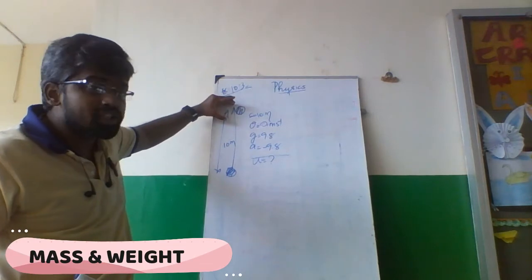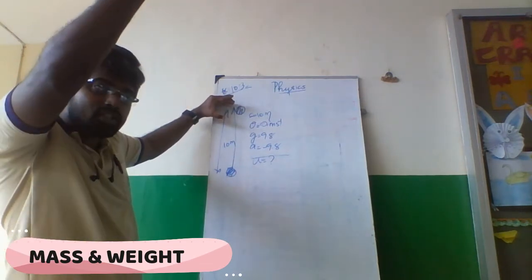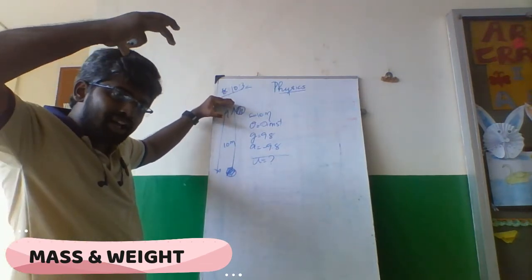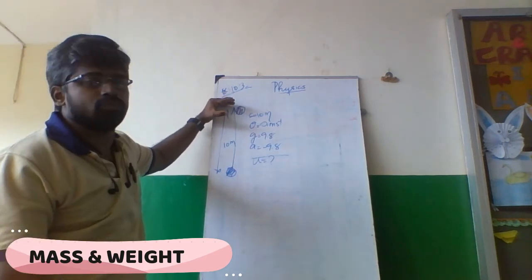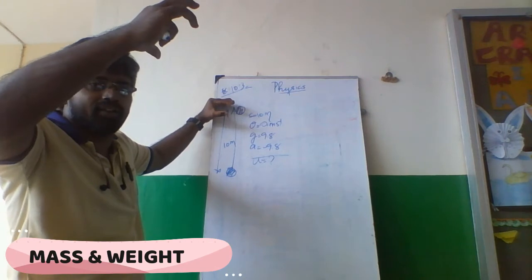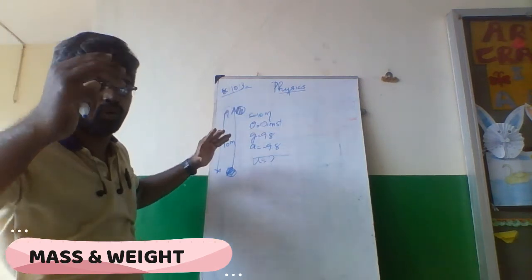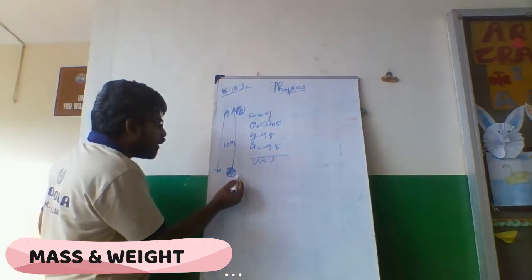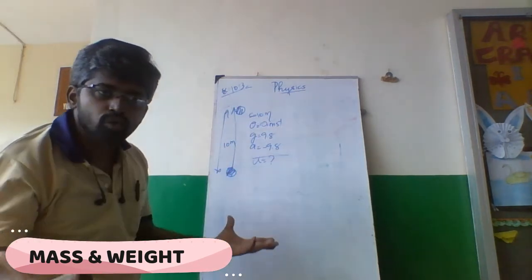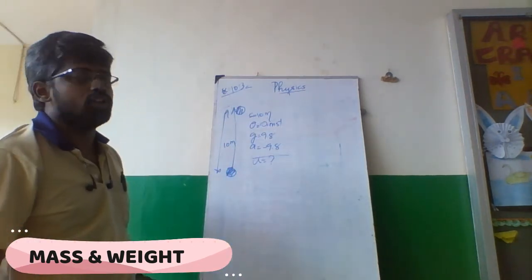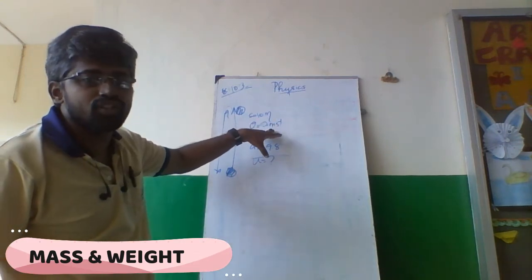Final velocity, what is the final velocity? It reaches to some point. At that point, velocity is 0. After that, it comes down. When you throw a ball, it is going 10-meter height, and at that point, it has no velocity and it comes down. So final velocity is always 0.